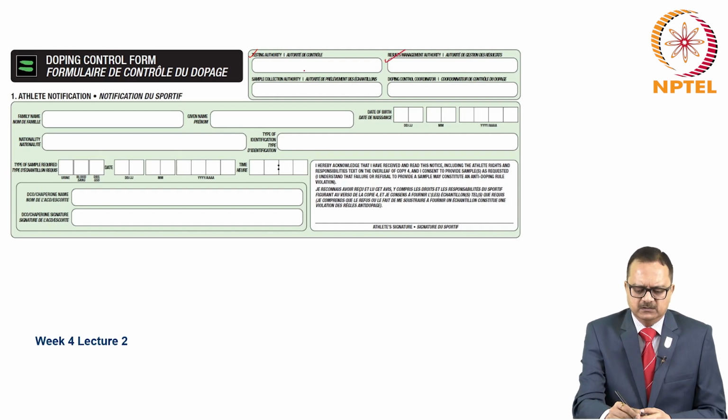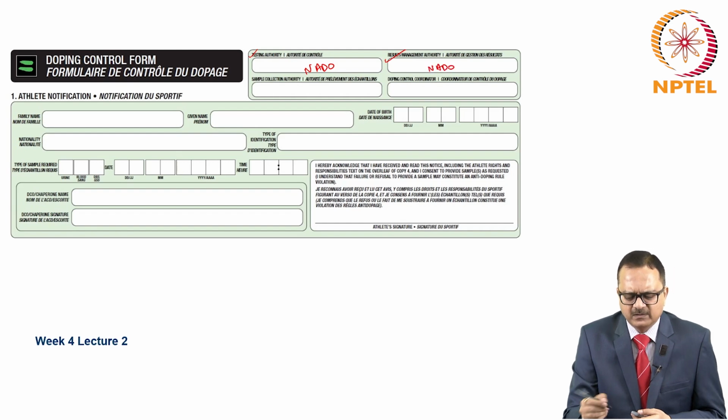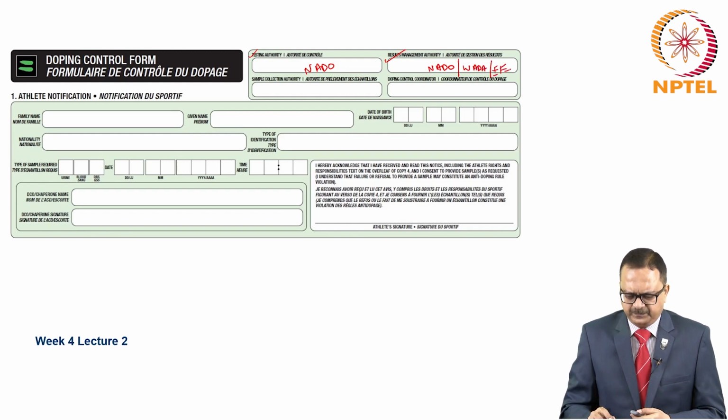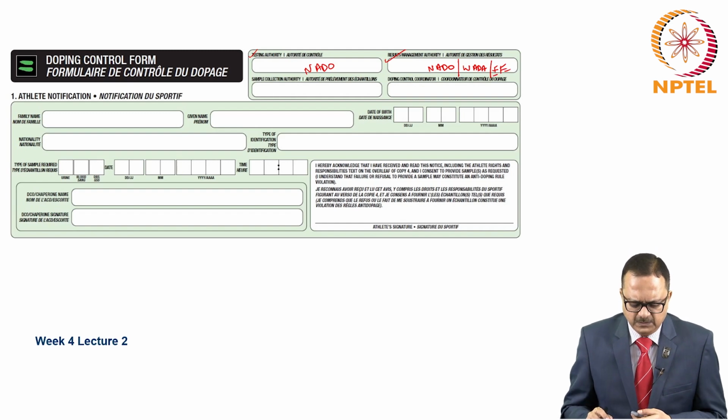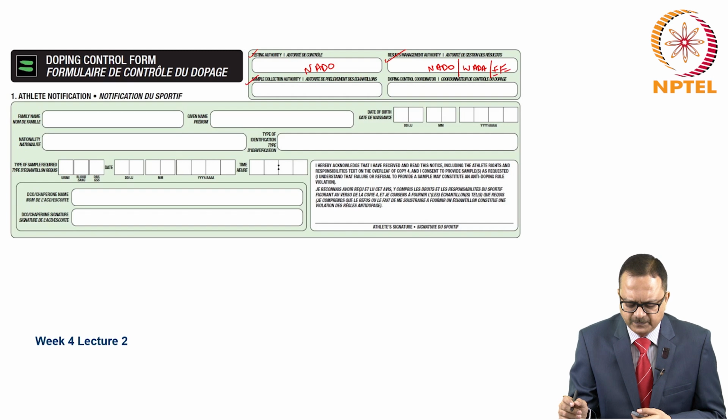It is generally the NADA. In rare cases, it may be WADA or International Federation. You have to write who is the sample collection authority. You have to write who is the doping control coordinator.